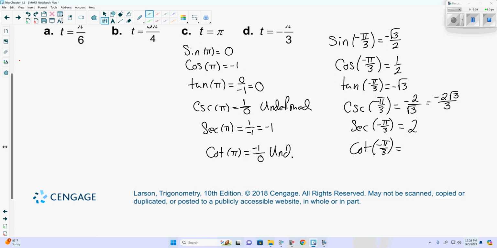And how would we flip tangent? Cotangent would be negative 1 over square root of 3, which would be negative square root 3 over 3. Questions on this here?